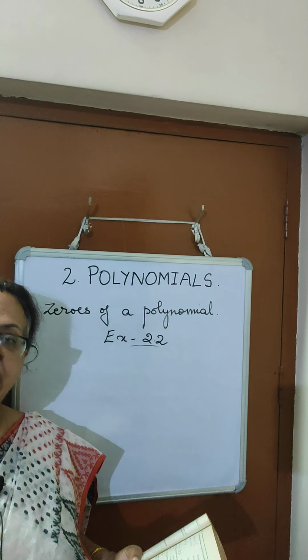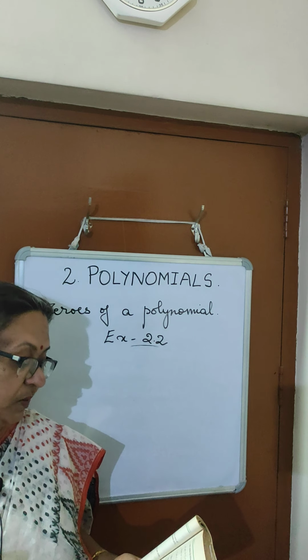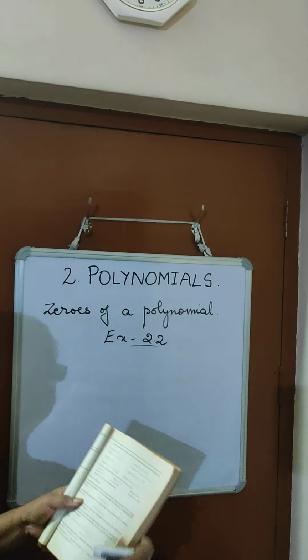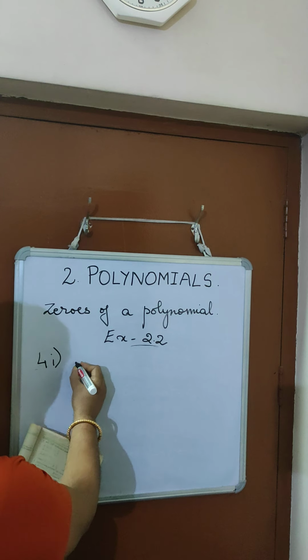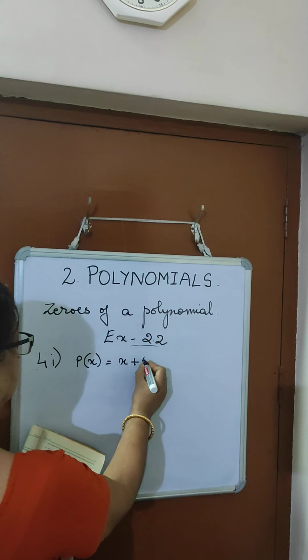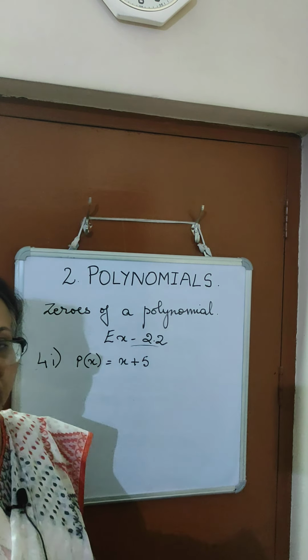If you do not get 0, then it is not a 0. Come to question number 4, find the 0 of the polynomial. Okay, come on, let's take question number 4, the first one. p(x) equal to x plus 5.